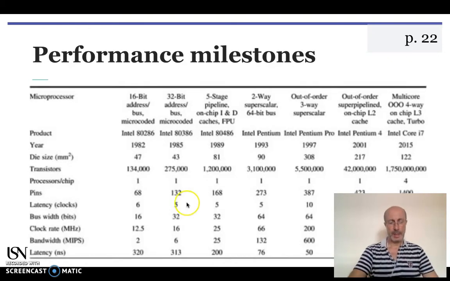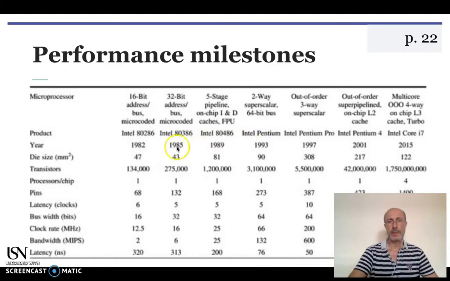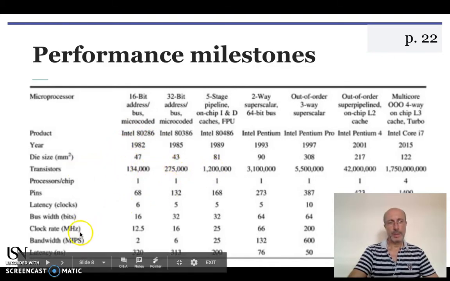It is interesting, nevertheless, to look into the performance milestones over the last 25 years. I'm not going through each line shown here, but please look at what happened since 1972 concerning the number of transistors per chip, the total number of pins, or the bandwidth in millions of instructions per second.